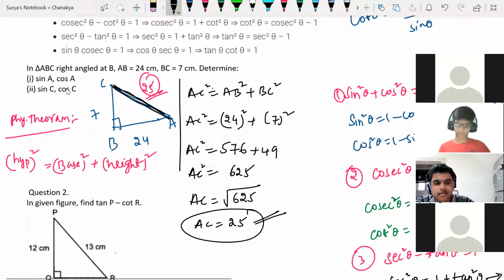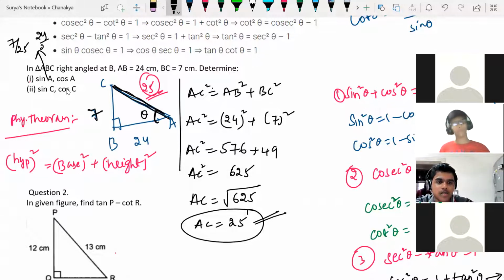Opposite by hypotenuse. Opposite is 7 and hypotenuse is 25, so sin A is 7 by 25. Cos A is adjacent by hypotenuse, so 24 by 25. This is cos A.